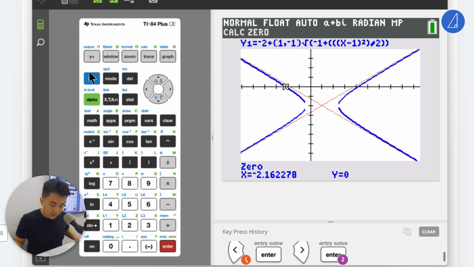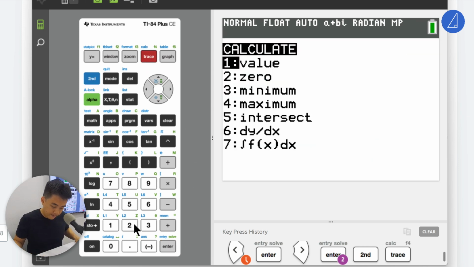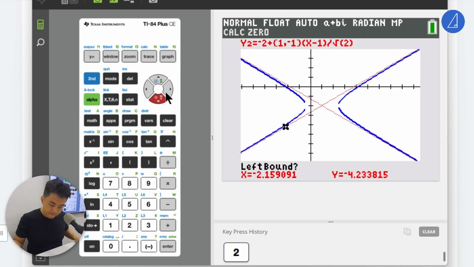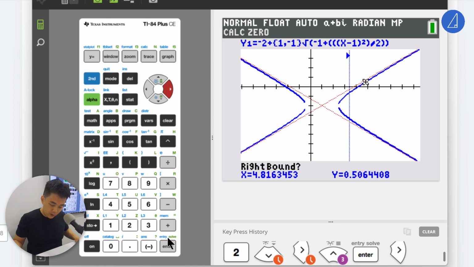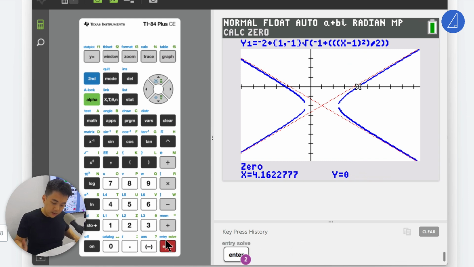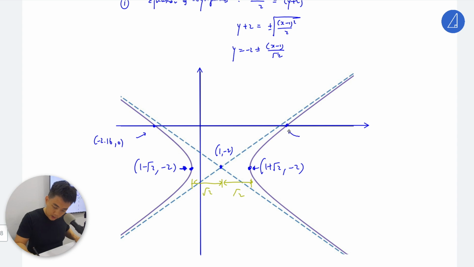Then the other side, you can also just find the zero. Left bound, right bound. 4.16, comma 0. Okay, there you go. That is y and this is x.